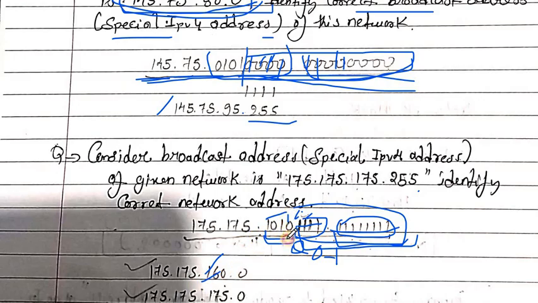If there is a 10, here is 0; this 0 part we consider part of the host address, because we have not been given how many bits are in the network ID, so this 0 will also be considered in the host ID part. So the network ID part is only this 101, and from 0 onward the parts are host ID. So the answer becomes 175.0.